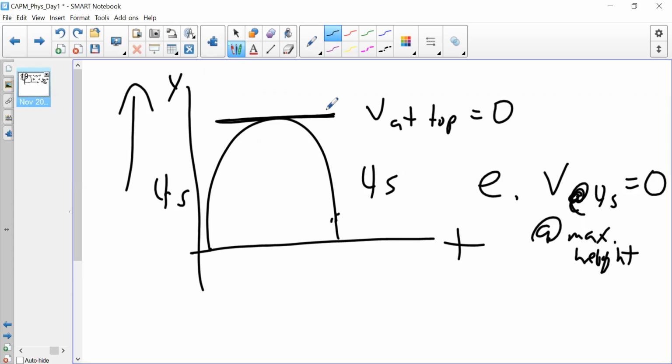The slope of a displacement time graph is the velocity. Slope is 0, velocity is 0 at the max. In math, that is your maximum point, your critical point. All the same thing. Any questions on that? So the answer is 0. There is no speed after 4 seconds at the top when we switch directions.